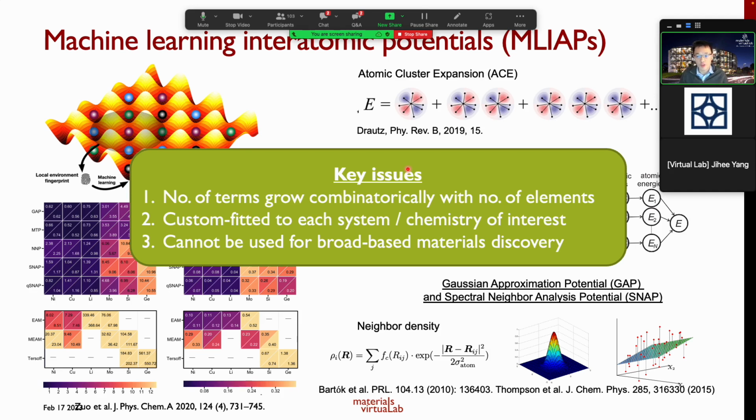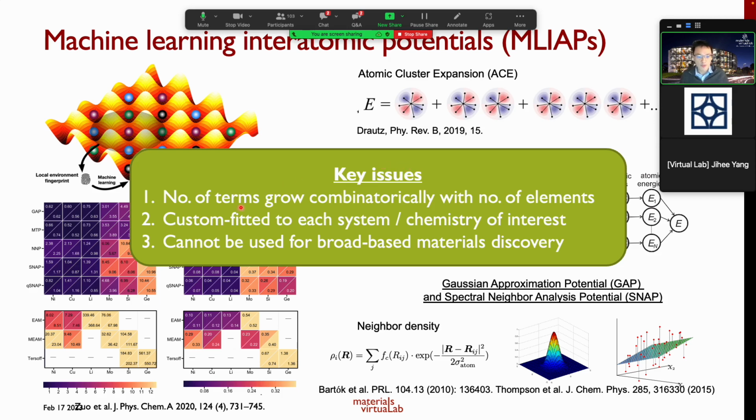You can go up to 3, 4, or 5, even 5 or 6 elements, all right? But as you increase the number of elements in your system, the number of terms grow combinatorially, and by the time you get to about 7 elements or so, it becomes very unmanageable. Okay, so it's very difficult to generate enough data to train a 7-element machine learning interatomic potential.